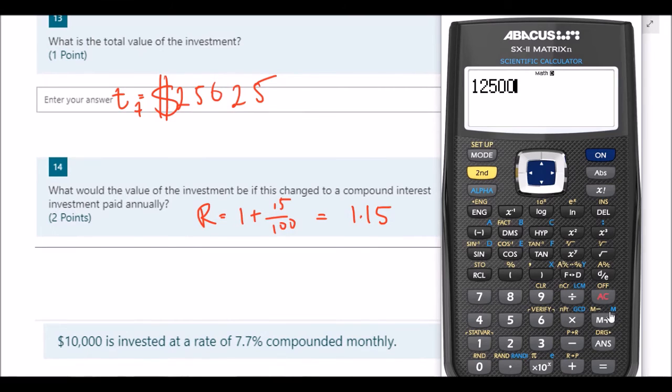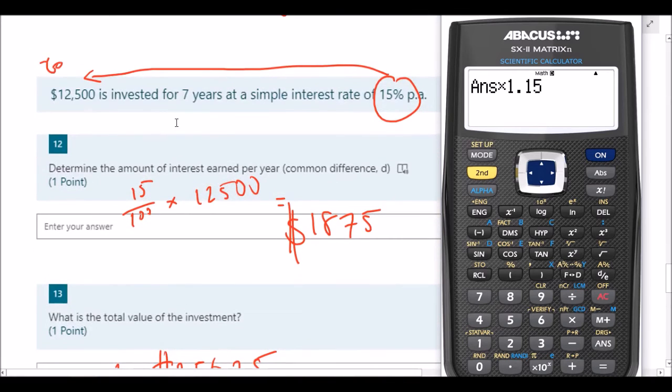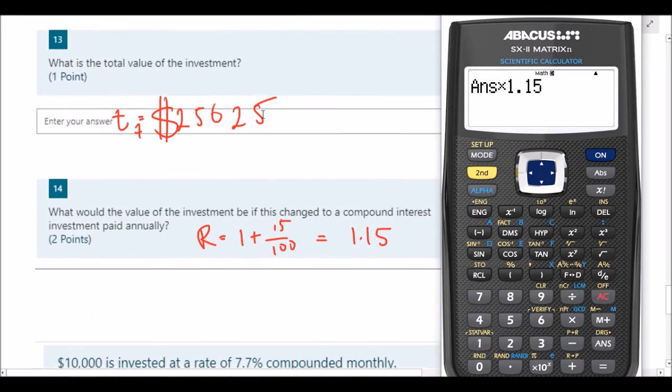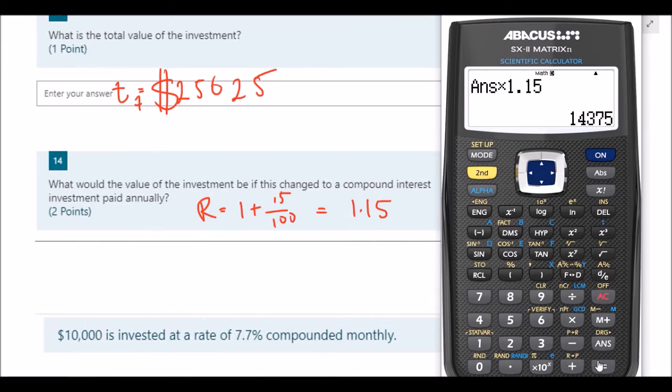So don't forget, press enter, then times 1.15. And we're looking at it for 7 years. The amount doesn't change. It's still 7 years. So the number of years doesn't change. So let's go year 1, 2, 3, 4, 5, 6, 7.